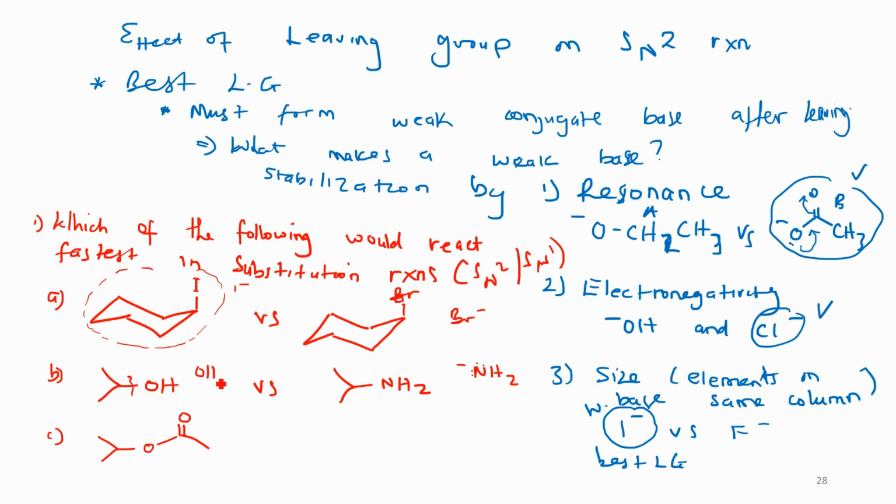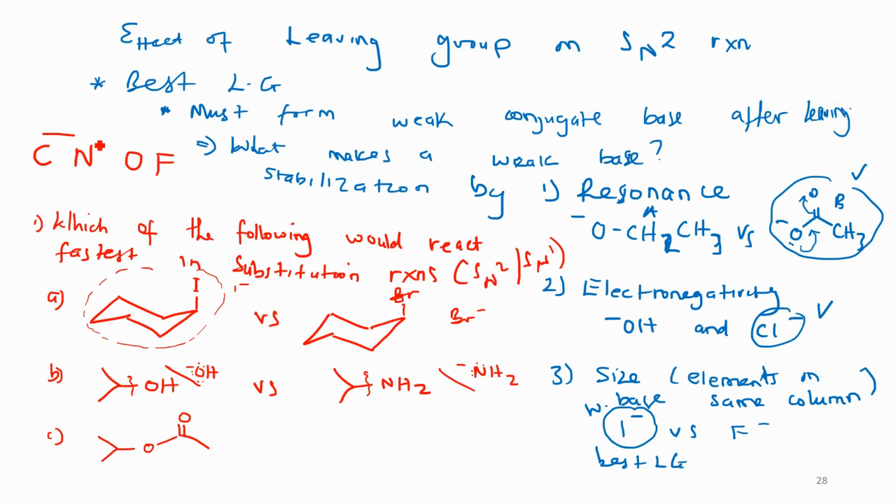You know, we are considering leaving groups. So if OH falls off, you're going to get OH minus. If NH2 falls off, you get NH2 minus. The element bearing the negative charge is the oxygen in this case, and is the nitrogen in that case. Electronegativity increases across the periodic table. CNOF.